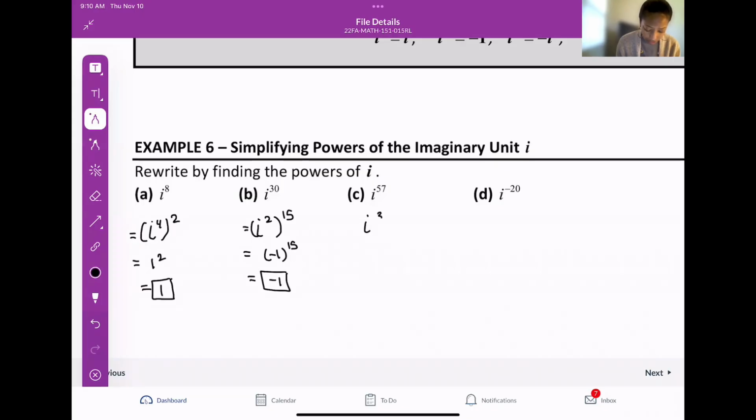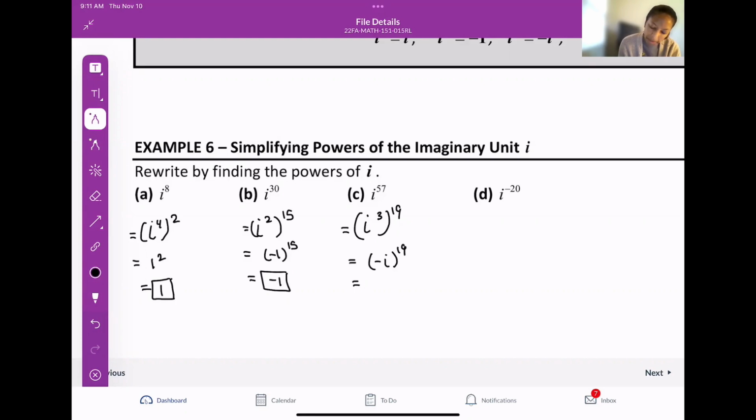We could say 57 is 3 times 19. i to the 3rd power is -i. And then if we have -i to the 19th power, well, now we have to simplify this a little bit more. -1 to the 19th power.